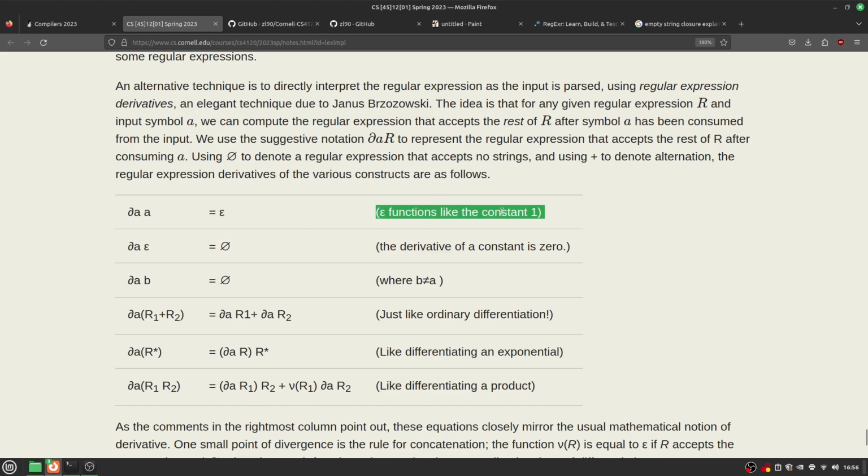The empty string functions like the constant 1. The derivative of A on A is the empty string.